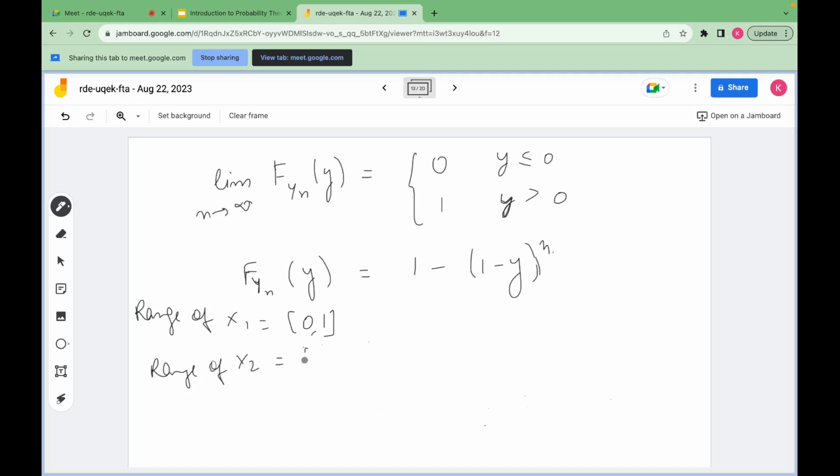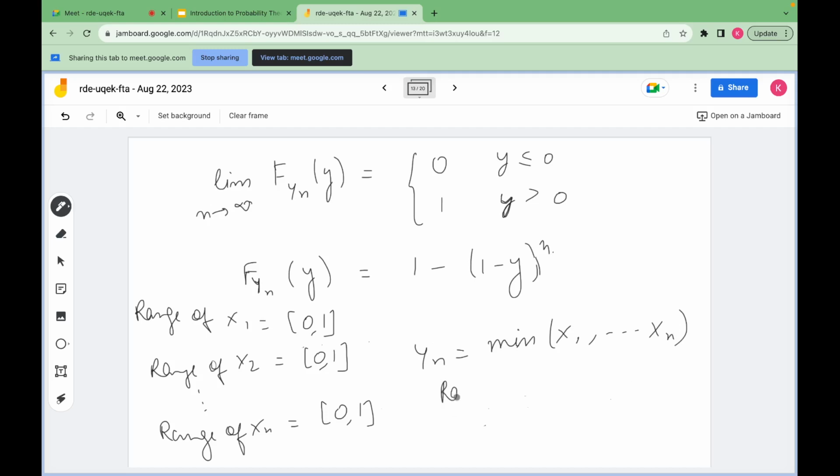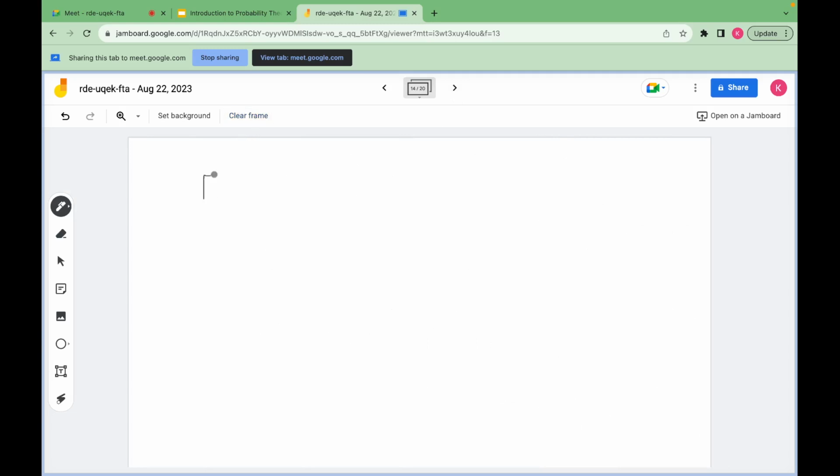Range of x2 is 0 to 1. Range of x1 is equal to 0 to 1. So the yn, which is the minimum of x1 till xn, the range of yn is also 0 to 1. And now we know that this is 1 minus y to the power n, and we know that y ranges from 0 to 1.